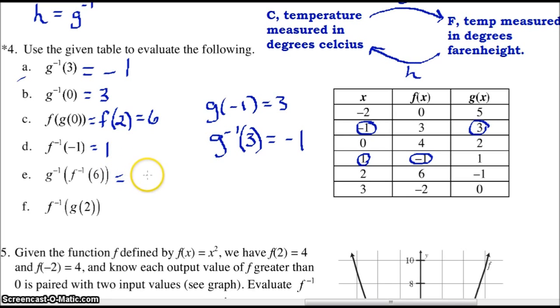Now, g inverse of f inverse of 6. Well, first of all, f inverse of 6, we look at 6 here as our output, then the input would have been 2. Then g inverse of 2 would be 0.